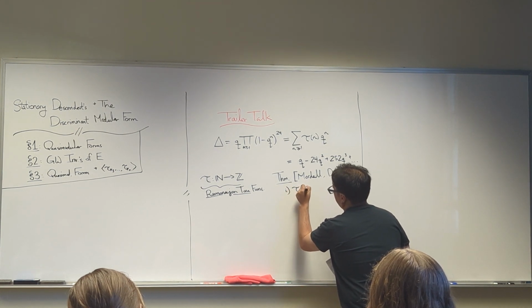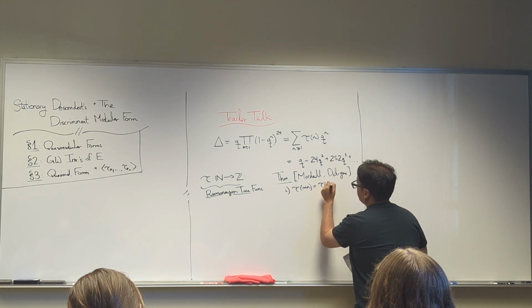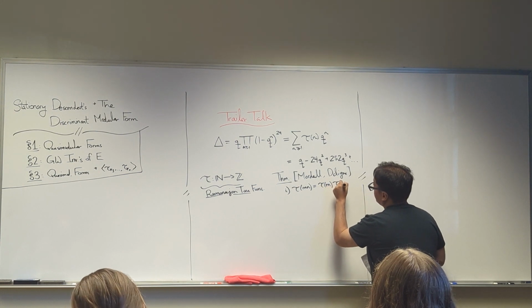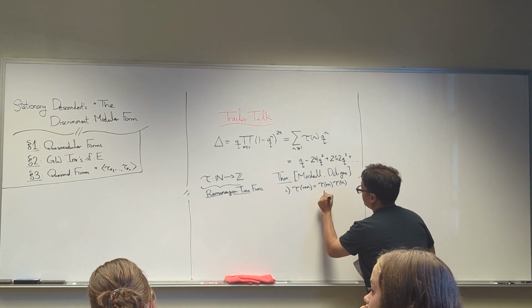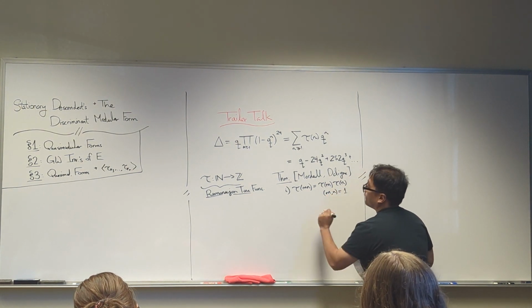If you plug in the product of two integers that are relatively prime to each other, it splits this way, as long as the GCD of m and n is 1.